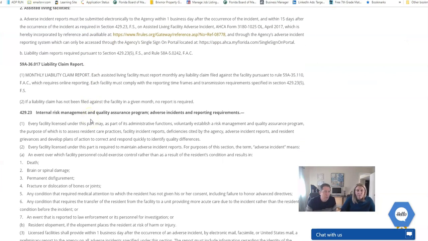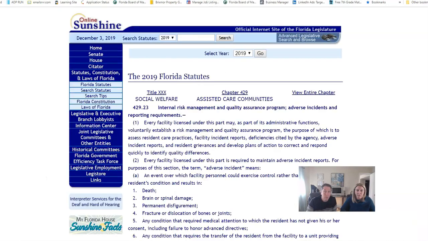Okay, liability claim report. Monthly liability claim report. Each assisted living facility must report monthly any liability claim filed against the facility, which requires online reporting. Each facility must comply with the reporting timeframes and transmission requirements in 429.23, which I think is the next section we're going to cover. Yep, the Florida statute.